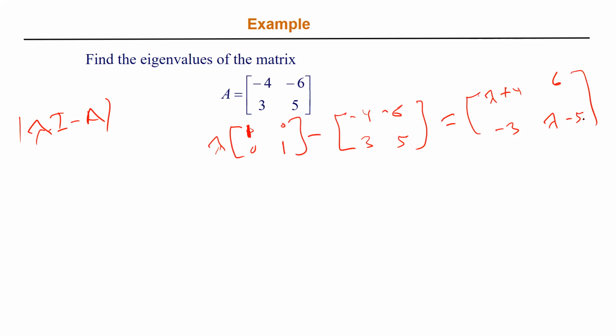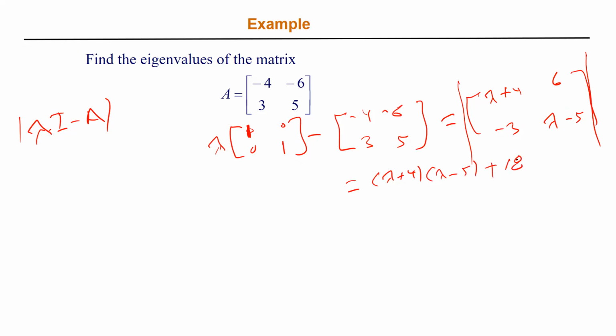This is lambda I minus A. Take the determinant. So what is the determinant equal to? Any volunteer? It's going to be (lambda plus 4)(lambda minus 5) plus 18.